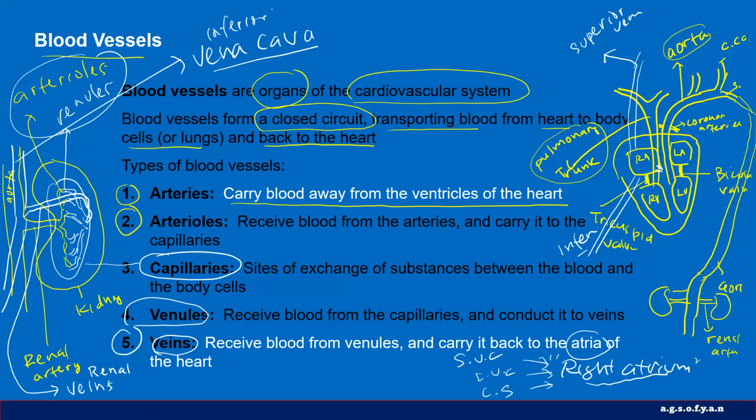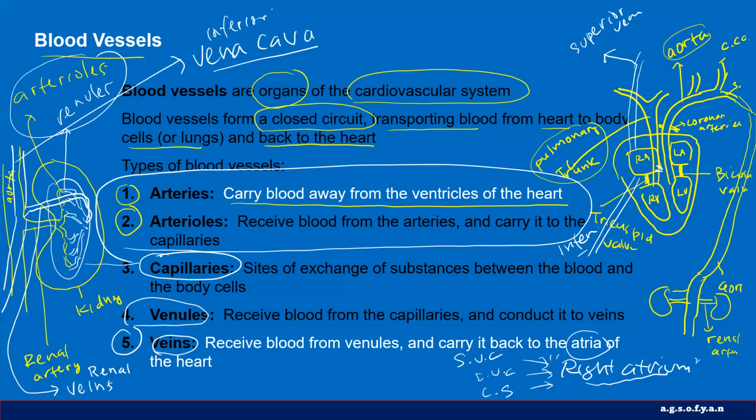So these are the types of blood vessels. Arteries, like the aorta, pulmonary trunk, and smaller arteries like the renal artery and arterioles, are all considered arteries. They carry blood away from the heart into the organs. And then the veins, including venules and veins, including the vena cava.